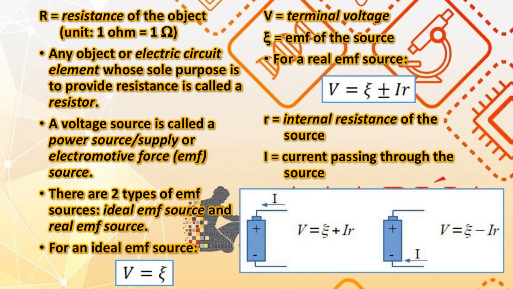So if the current enters the positive terminal of the battery, V is equal to EMF plus Ir. But if the current enters the negative terminal of the EMF source, terminal voltage V is equal to EMF minus Ir.